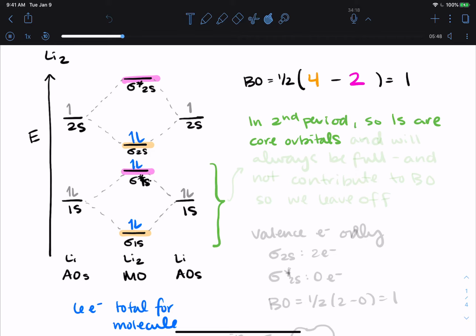So when we fill in these MO diagrams, our core orbitals will always be full, which means when we do bonding minus anti-bonding, they're always going to cancel each other out and not contribute to the bond order. So we just leave them off.